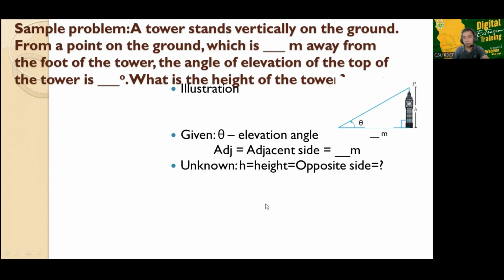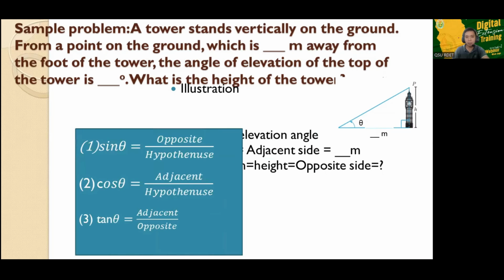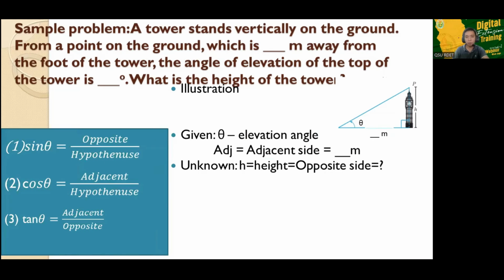Now, the problem involves a right triangle, and the possible equations for right triangles are the following. If you are familiar with this, SOHCAHTOA: sine theta, opposite over hypotenuse; cosine theta, adjacent over hypotenuse; tan theta, opposite over adjacent.